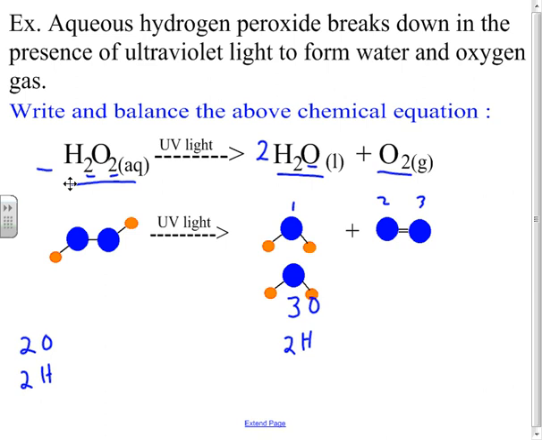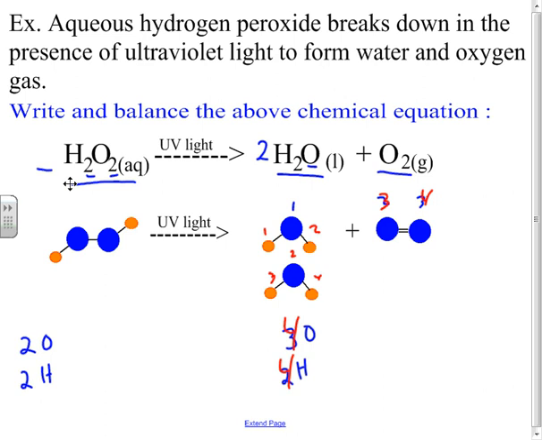So now I've got 2 water molecules. And those 2 water molecules are now going to give me 4 oxygens and 4 hydrogens on the product side. So 1, 2, 3, 4 oxygens. 1, 2, 3, 4 hydrogens.